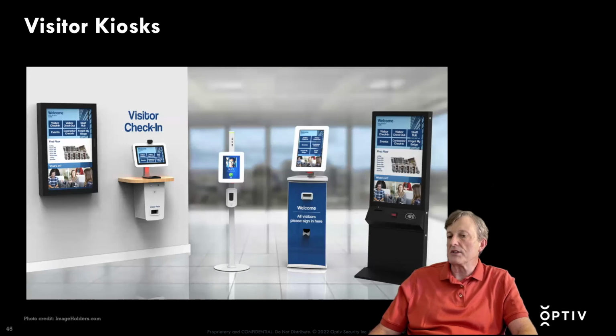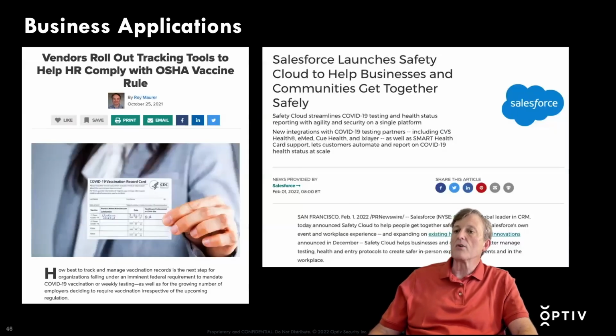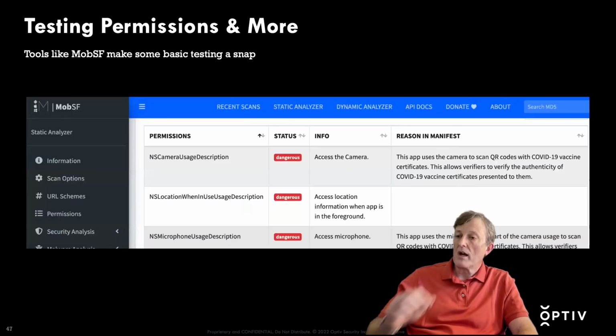People have policies in some areas where they want to check vaccination or test status. And the question is, is the code in the kiosk handling it correctly? And HR business applications. Here's some news stories where various business applications are adding COVID checking stuff.